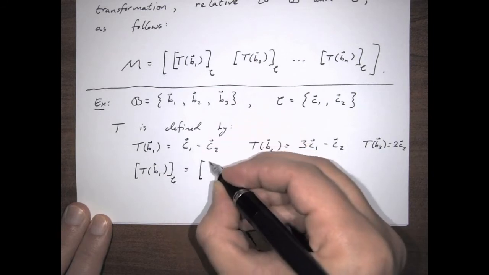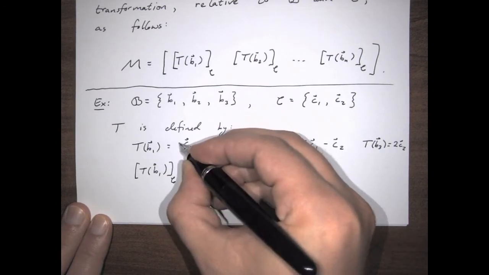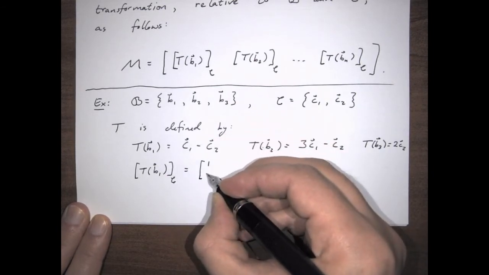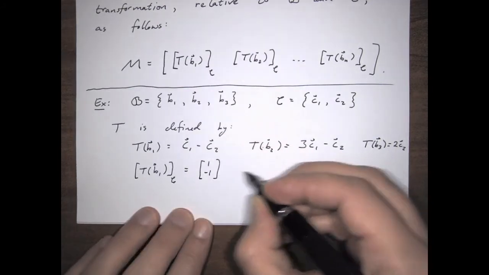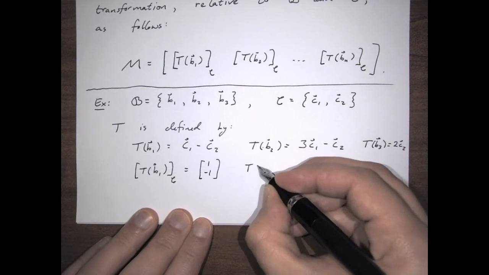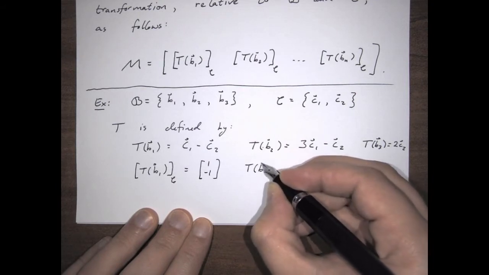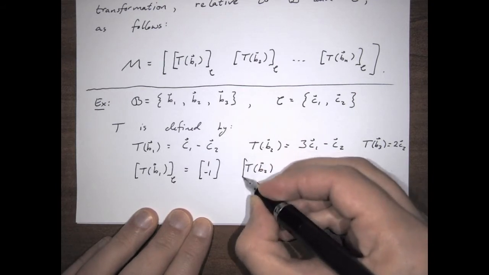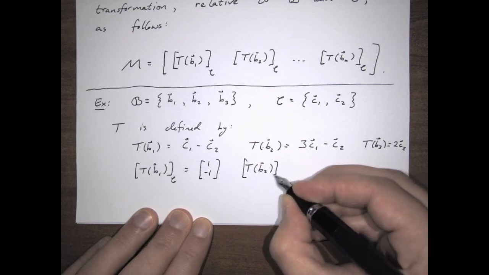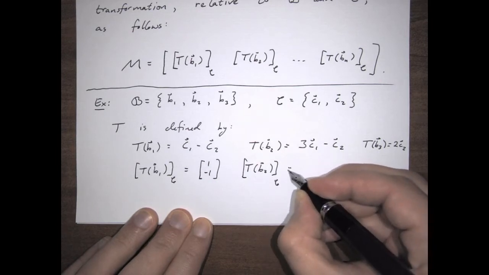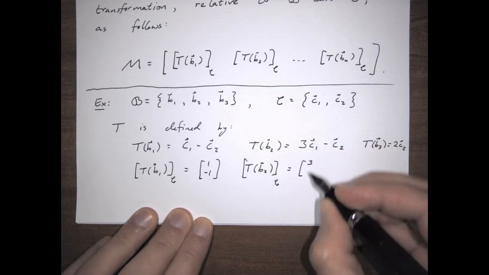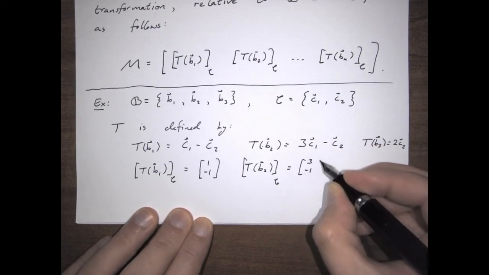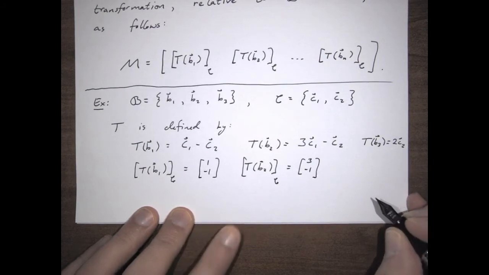So C1 has a weight of 1, a coefficient of 1. C2 has a coefficient of -1. Similarly here, if I want to take T of B2 relative to C, it's going to equal 3 as the weight on the first, -1 as the weight on the second.